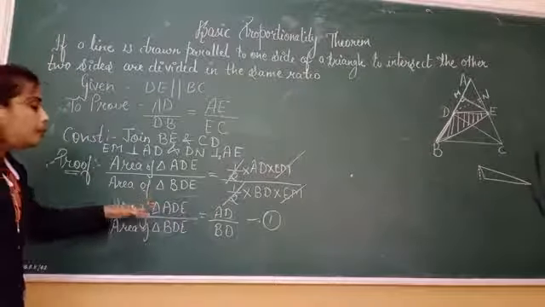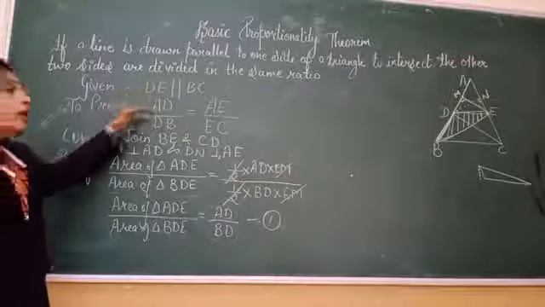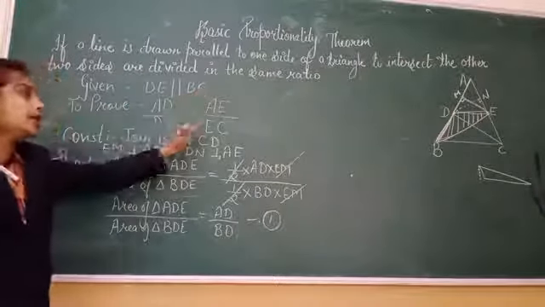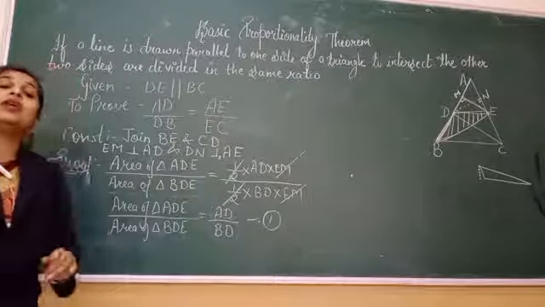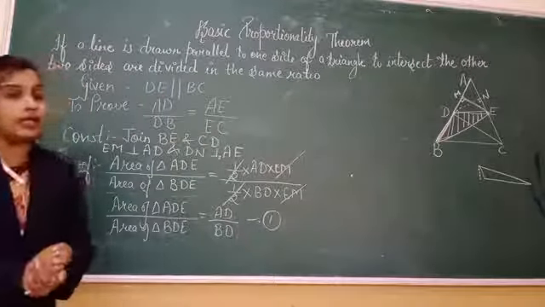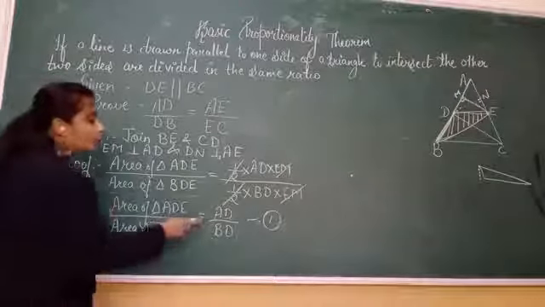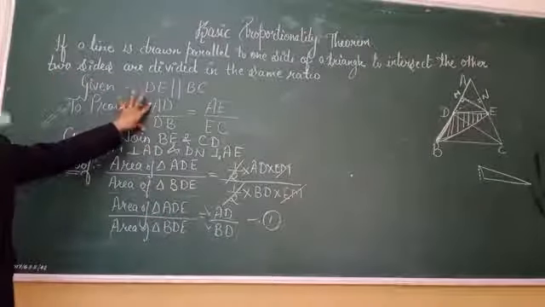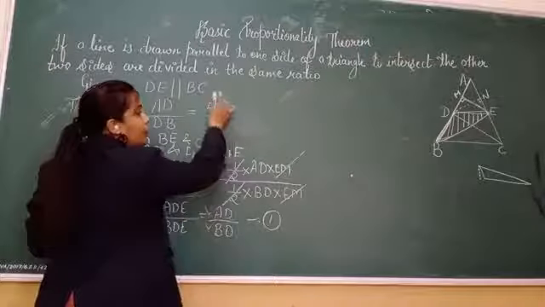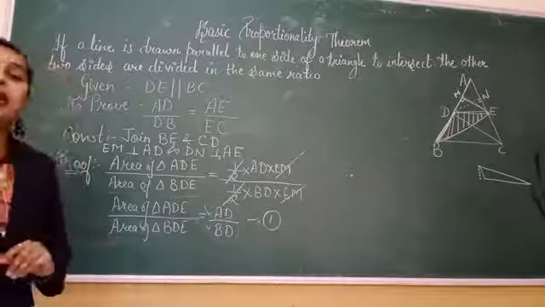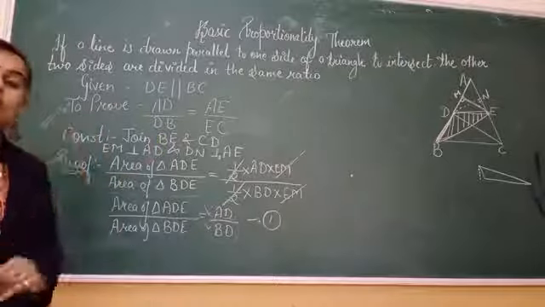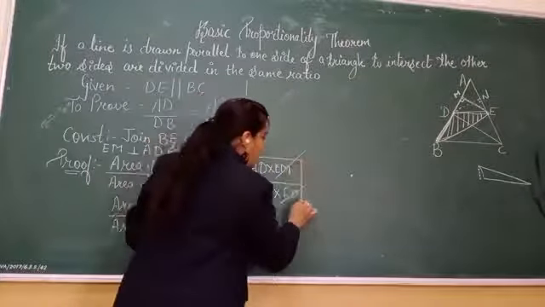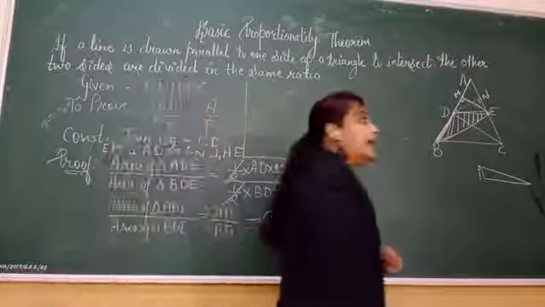Okay, we have to prove that AD upon DB is equal to AE upon EC. So in this triangle, we found the areas of triangles through which we get the ratio of each side. In the same way, we need to find out the ratio of AE and EC. For this, again we will take the areas of triangles for the side AE.